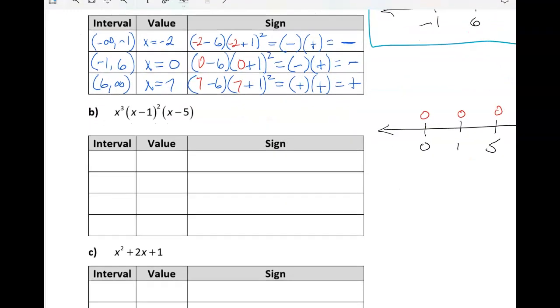On the left of 0, let's pick a value of -1. And then replace the x's with -1.